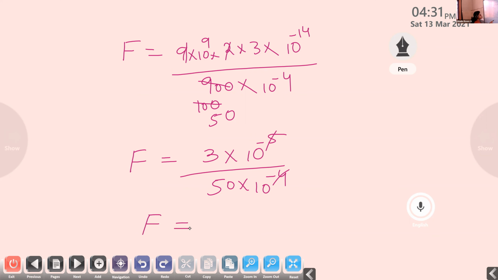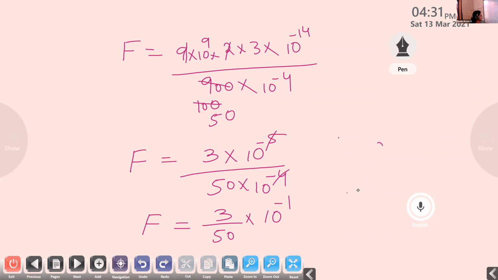F is equal to 3 by 50 into 10 raised to minus 1. What is 3 by 50? Or you can say, what is 1 by 50? 1 by 50 is equal to 0.02, right?